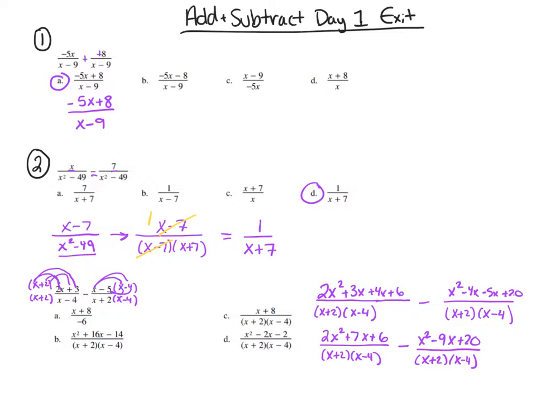So now I need to subtract my tops, or my numerators. So first I'm going to change this subtraction to addition, and I'm going to change everything after the subtraction sign. So plus, minus, plus, minus. Then I'm going to combine some like terms.